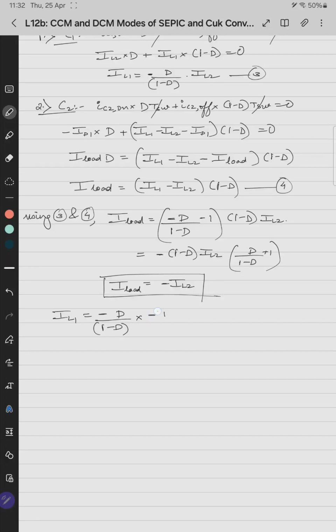IL2 is minus I load. So it will be D by 1 minus T into I load. Now what is IL1? IL1 equals I in, input current, and I load equals I out, output current.